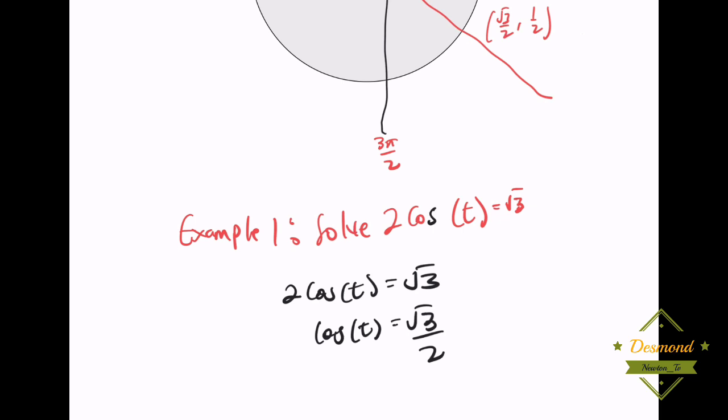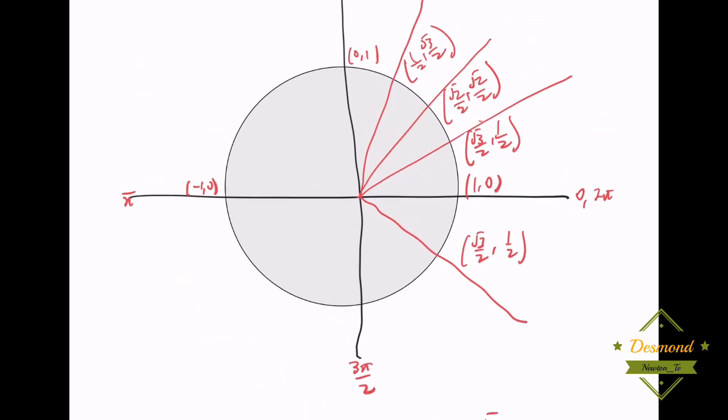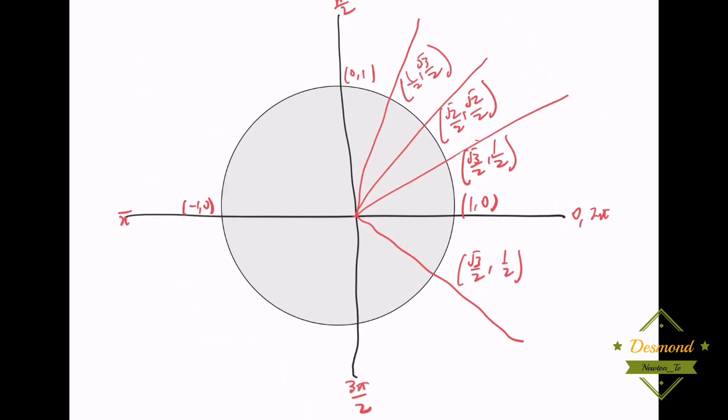So we are looking for all the values of t for which cosine will have the value of root 3 on 2. Now let's look at the following unit circle. From quick inspection here, we can see that theta or t is equal to pi on 6. So where do we find that?